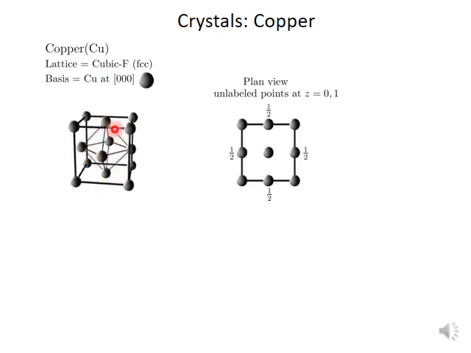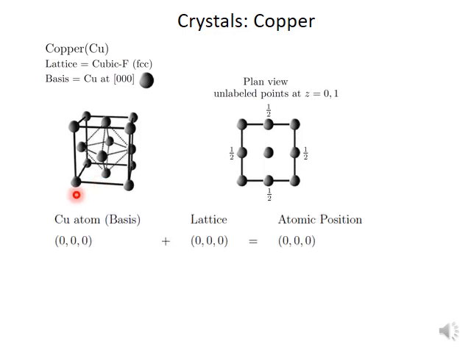The first lattice point I would take is the reference point at 0, 0, 0, and we add a copper basis atom to it at 0, 0, 0, exactly at the reference point. So you have a copper atom at position 0, 0, 0.